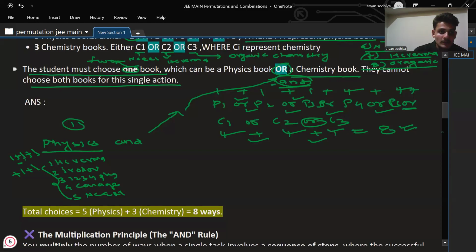So 1 plus 1 plus 1 plus 1 plus 1, 5 times, becomes 5. This task is completed. These are all in "or". Either can be done and our task would be completed.